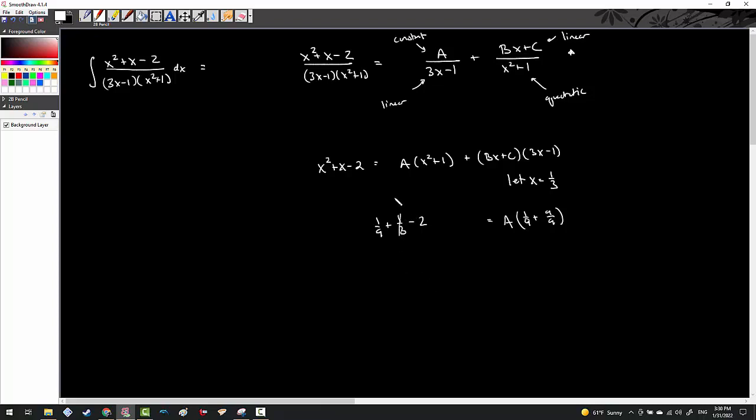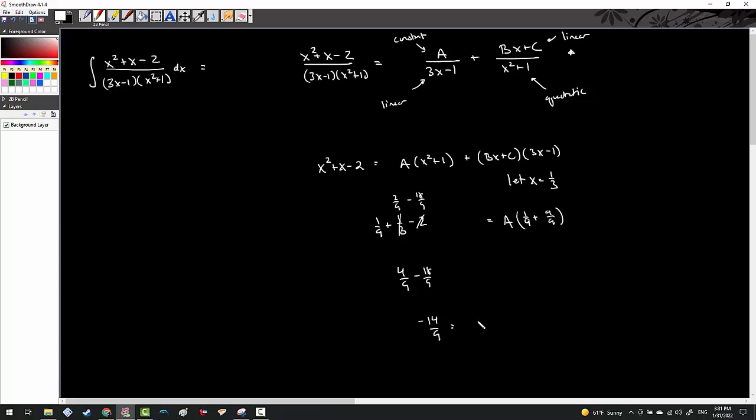So now this is going to become 3/9. This is going to become negative 18/9. So what I have is 3/9 minus 18/9. So what I have here, whoops, not 3/9. What I mean is I have 4/9 minus 18/9, which is going to be negative 14/9.